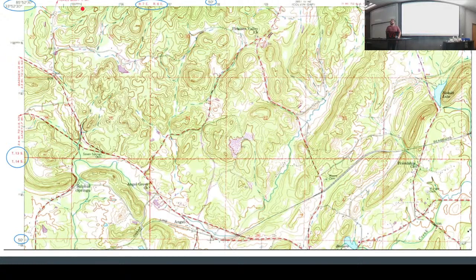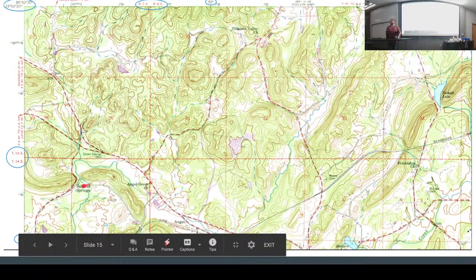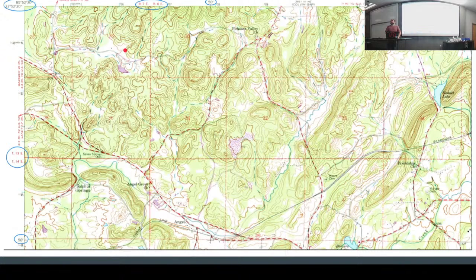But anyways, this is probably around 85 degrees and 52 minutes. So our full latitude and longitude will be lat 33 degrees, 50 minutes and 30 seconds north, and the longitude will be 85 degrees and 52 minutes west.